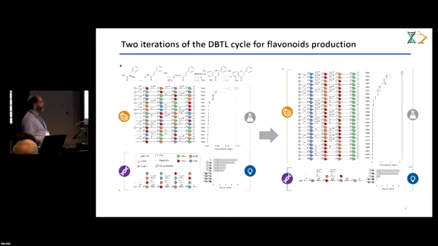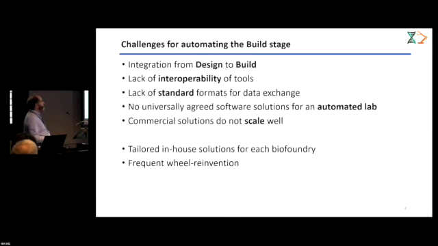But now the question is, if we want to automate the build stage, what are the challenges? First of all, we need to make sure that we can integrate these two steps, but we usually found a lack of interoperability of tools.